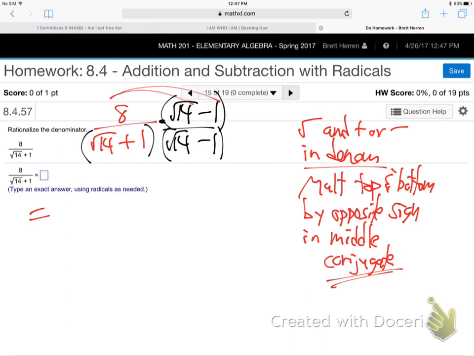So the 8 will distribute. Is that good on the top? I just distributed that 8. And on the bottom, can you do the FOIL?